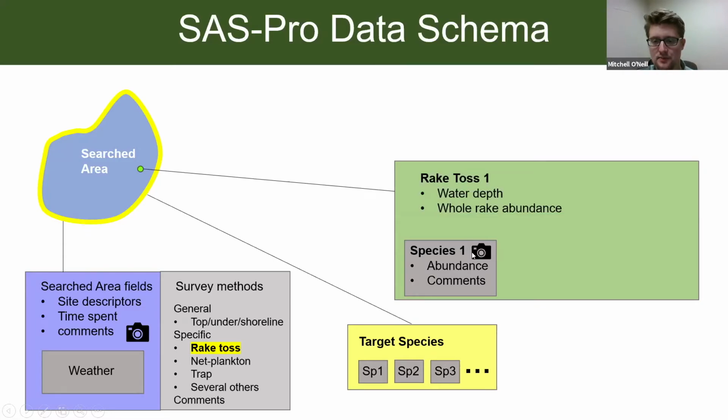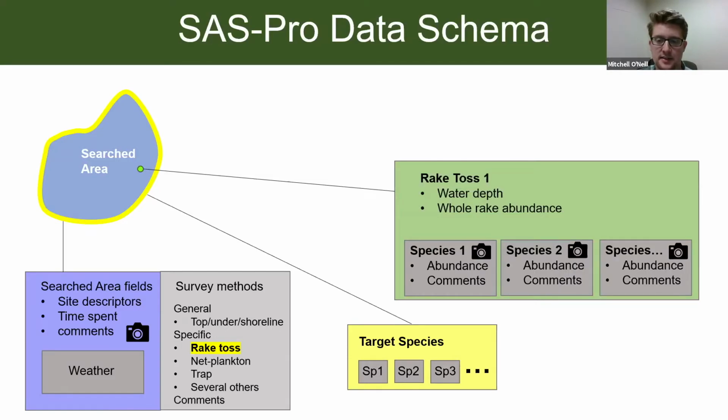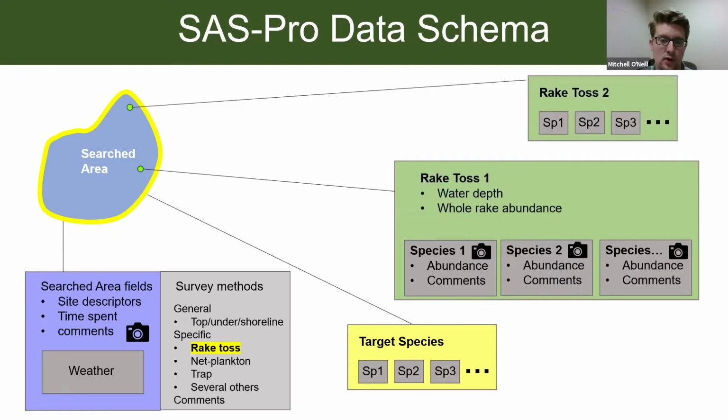And if you detected multiple species, then you can add those in. So at that point, you would have this searched area with one point within it with multiple species. And you can then add another rake toss if you're doing multiple rake tosses at one location, and then create records for however many species present you found.